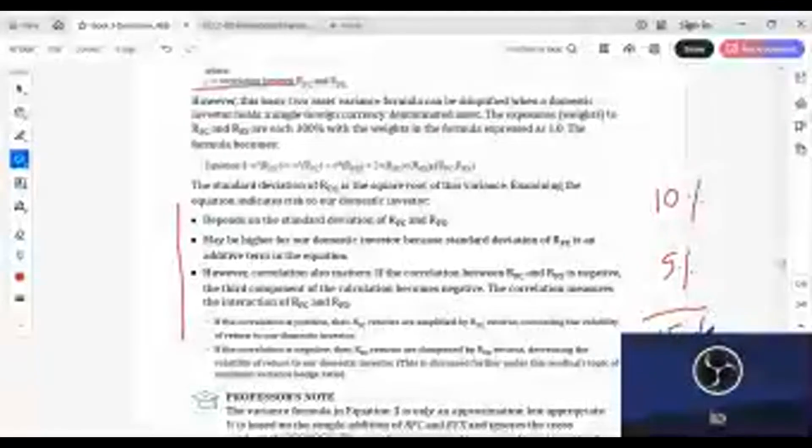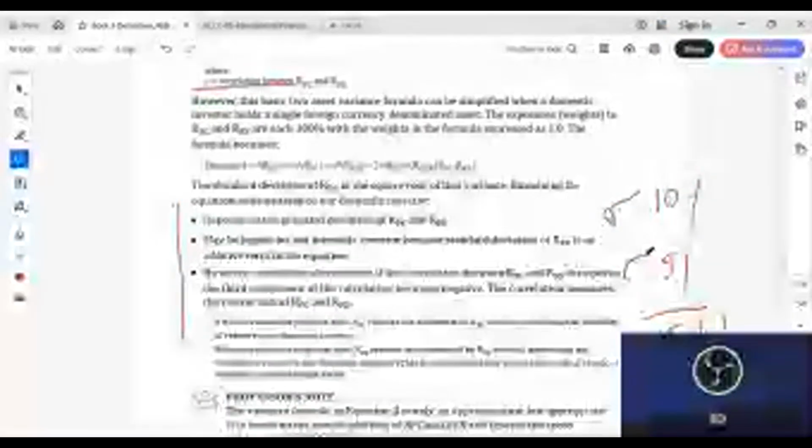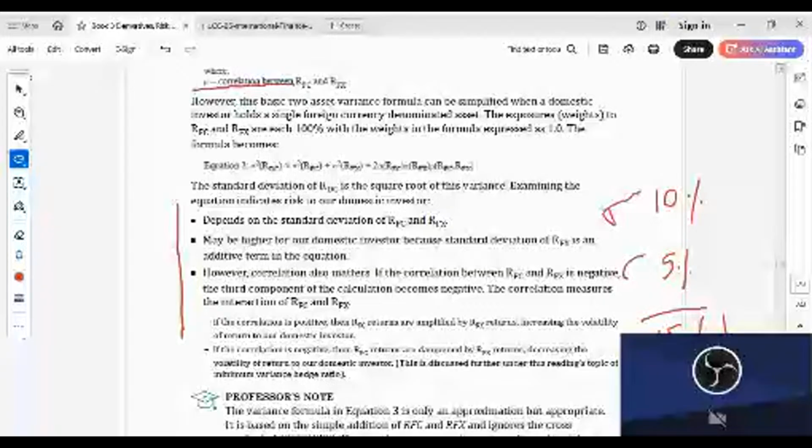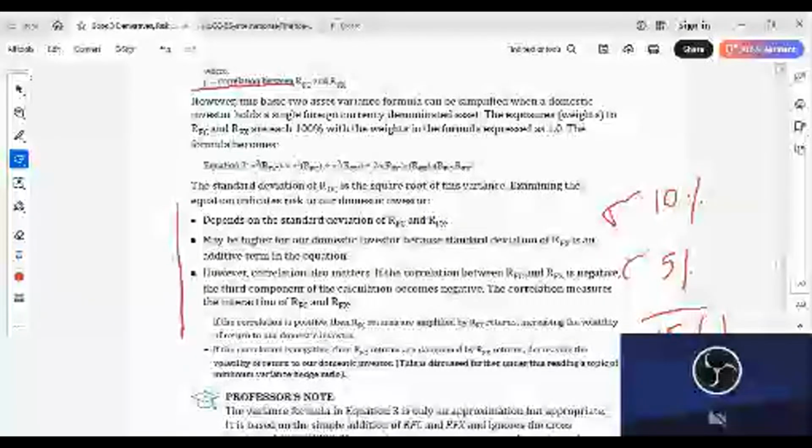I am going to face less than 15% because correlation between these two things will be less than 1. That is what they are trying to say. And the lesser the correlation, the more will be the risk reduction. So just go through this.